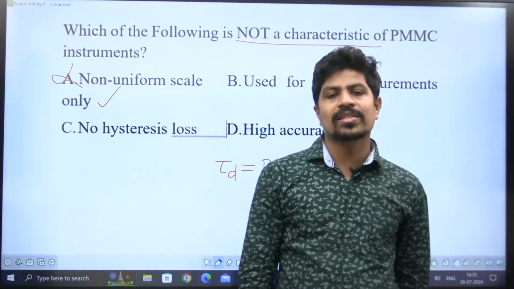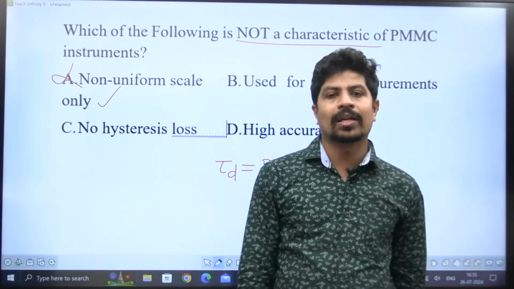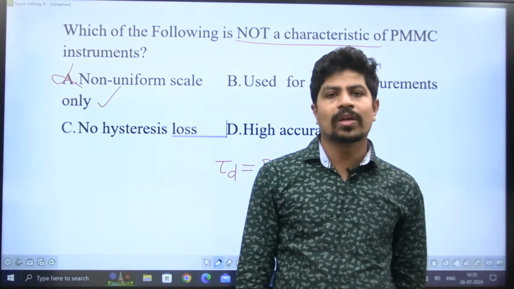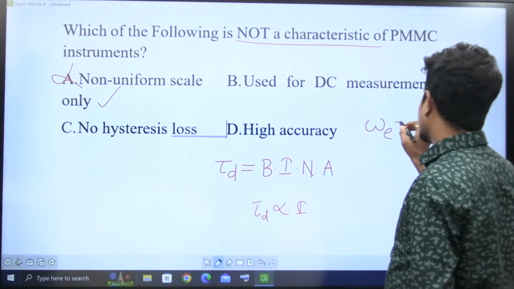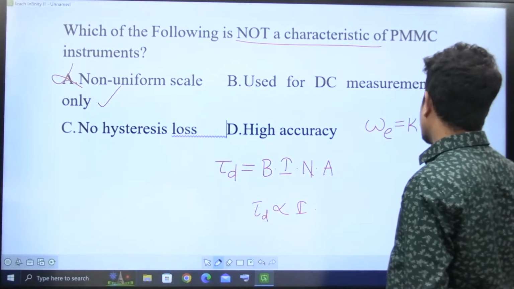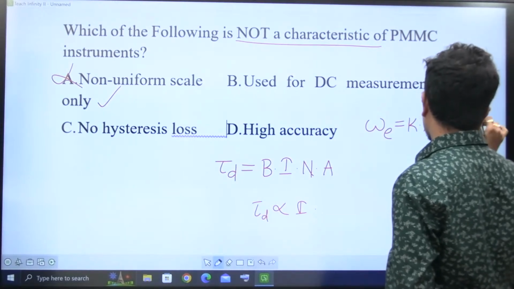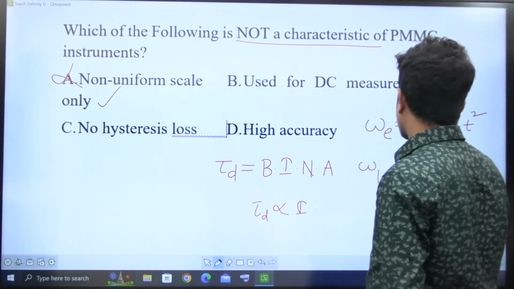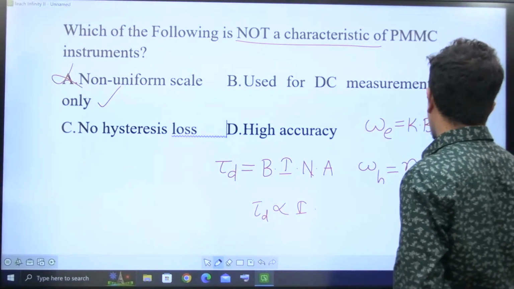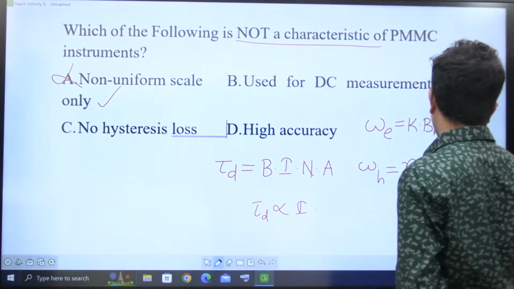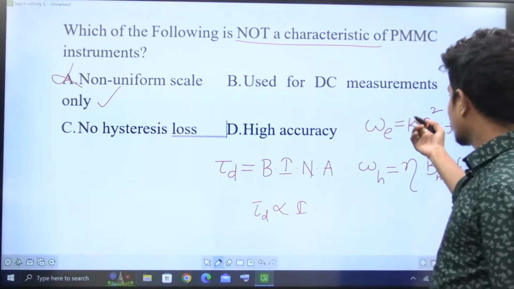Hysteresis loss and eddy current loss depend upon frequency. As it is measuring DC quantities, voltage or current, frequency is zero, so hysteresis and eddy current losses are zero. What is the eddy current loss formula? Eddy current loss is equal to K into B max square into F square into T square, and hysteresis loss is equal to eta into B max power X into F into V. V is the volume, F is the frequency, T is the thickness of lamination, eta and K are constants.